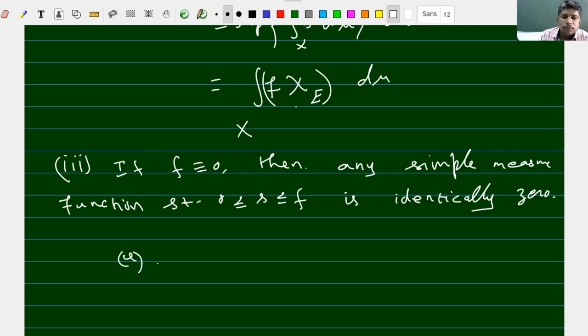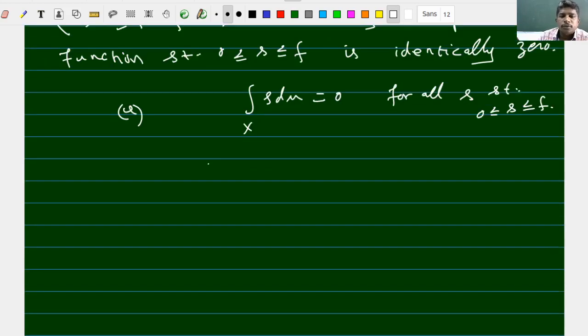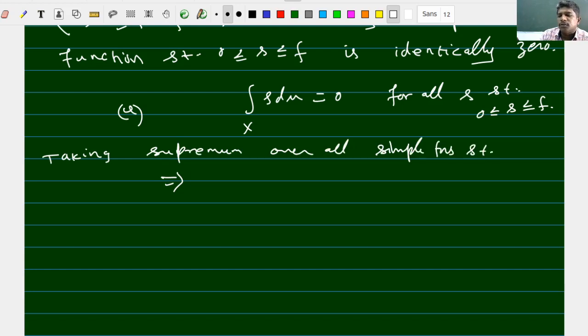That is, the integral over X of s d mu is 0 for all s such that 0 ≤ s ≤ f. So taking the supremum over all simple functions such that 0 ≤ s ≤ f implies the integral over X of f d mu will be 0.